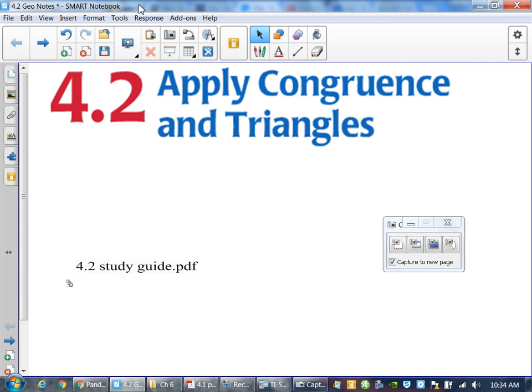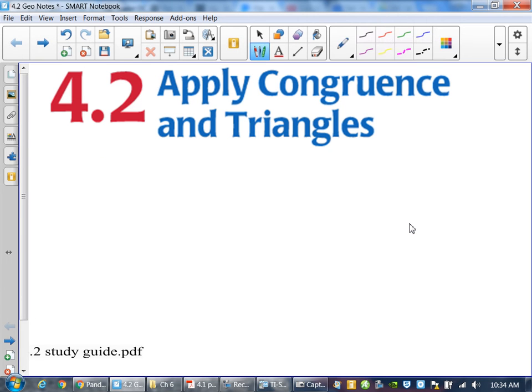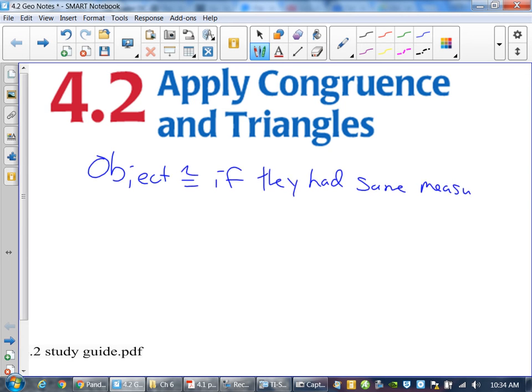When we talked about congruency before, we said that objects were congruent if they had the same measure, same measurements, things like that. If they were equal in value, we said that they were congruent.